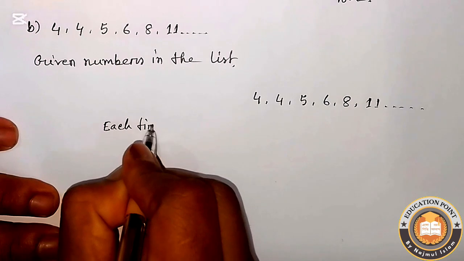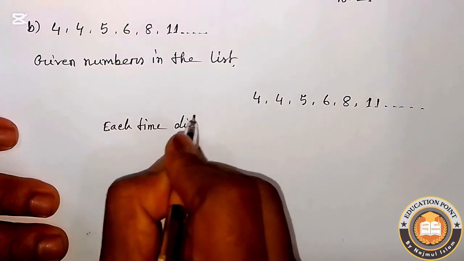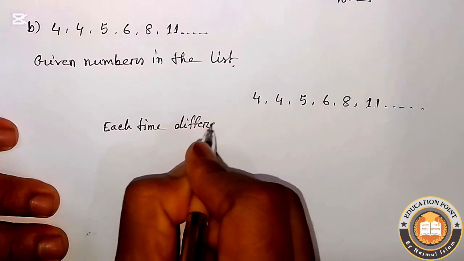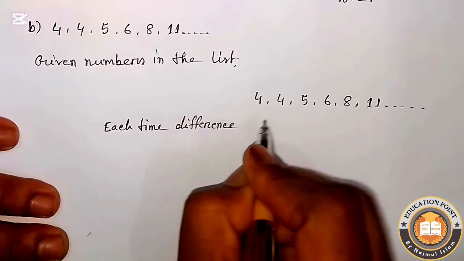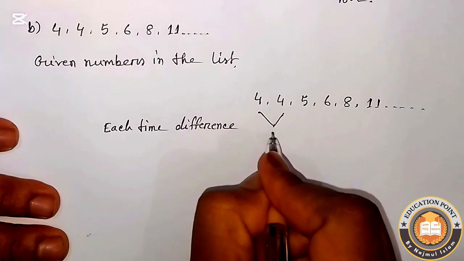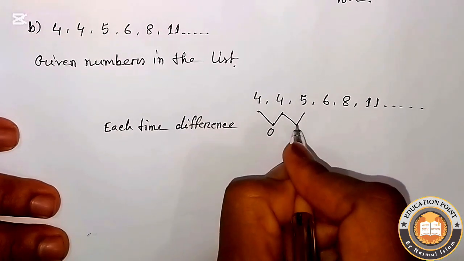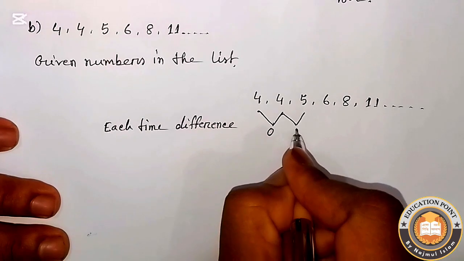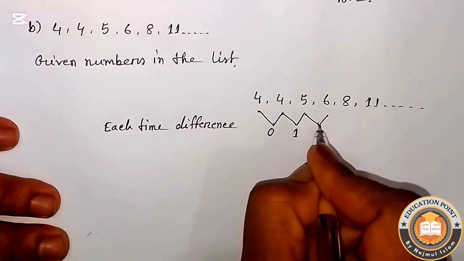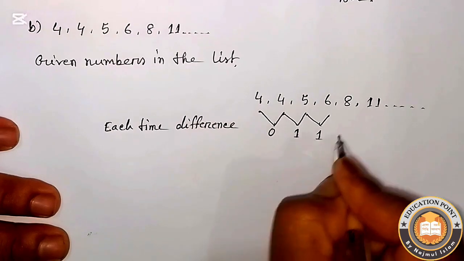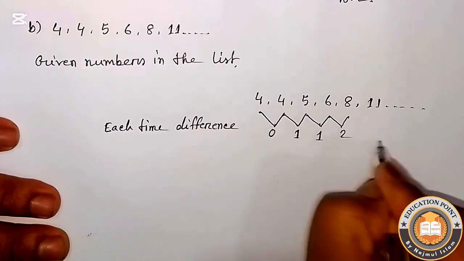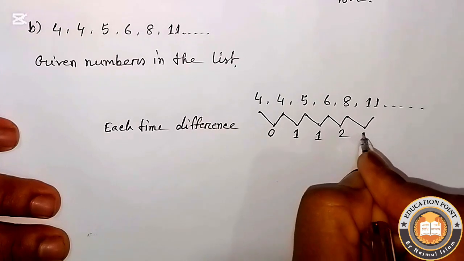Each time the differences are 0, 1, 1, 2, 3.